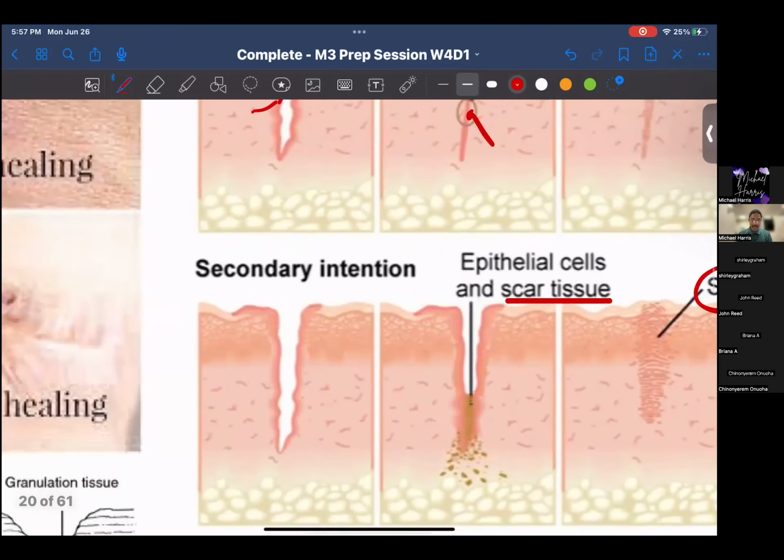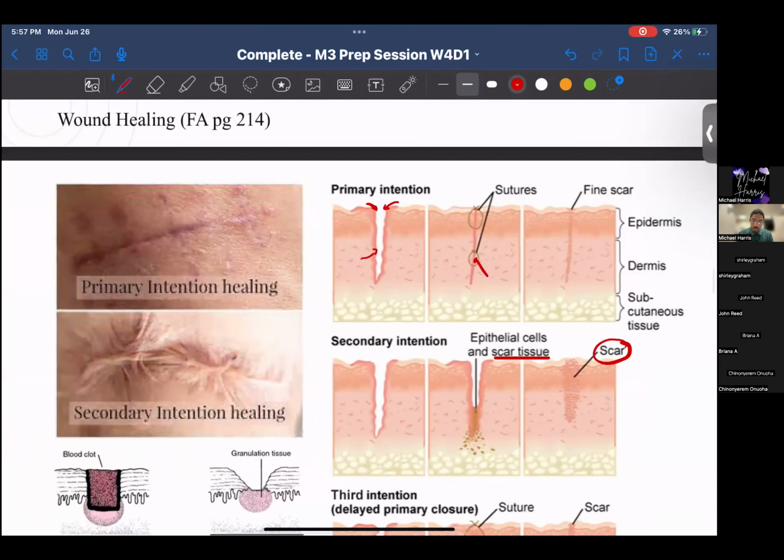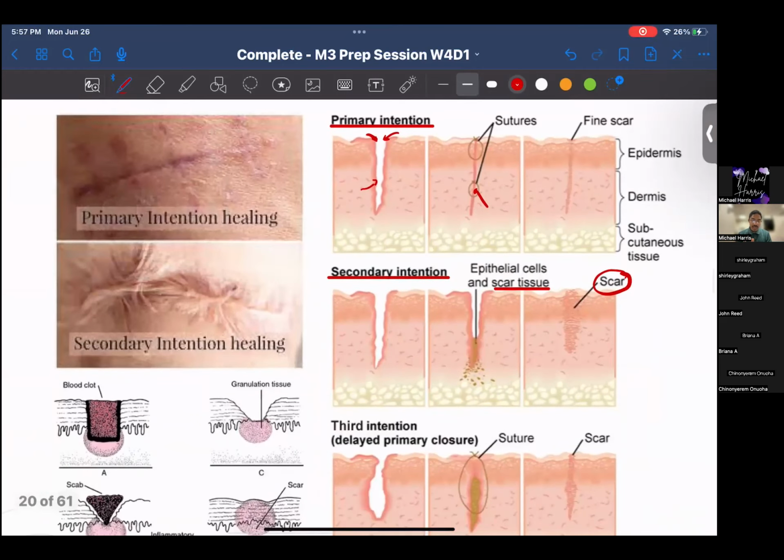Now, with that being said, this is known as primary intention, and this is known as secondary intention. Primary intention just means it underwent more regeneration, while secondary intention means it underwent more fibrosis. Good.